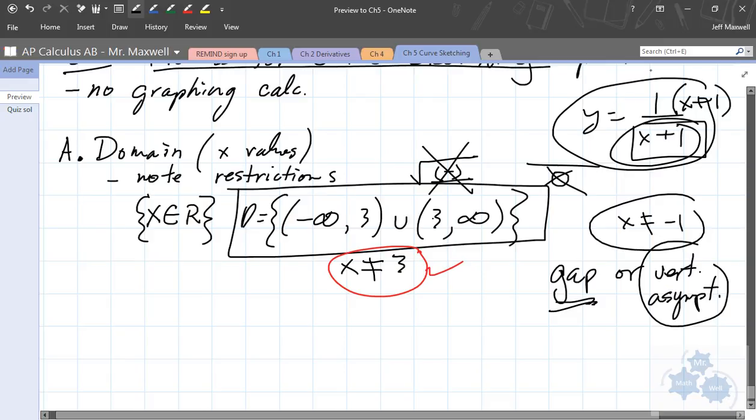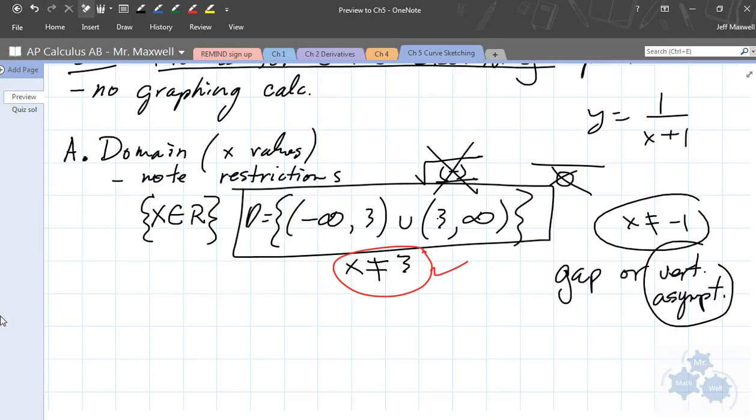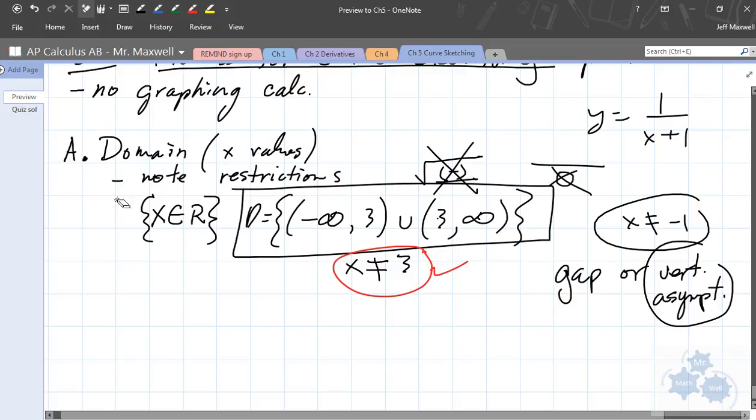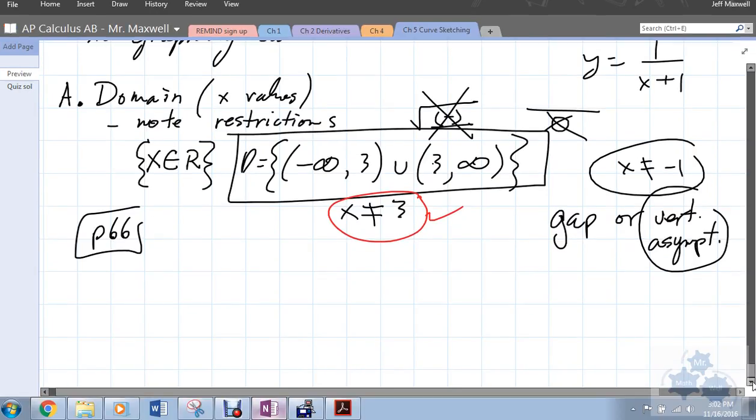If it can't be divided out, so 1 over x plus 1, then it's a vertical asymptote. Questions? All right, you might want to look at page 66 if you want to look up the work we did on domain. That's the review and preview to chapter 2, it looks like.